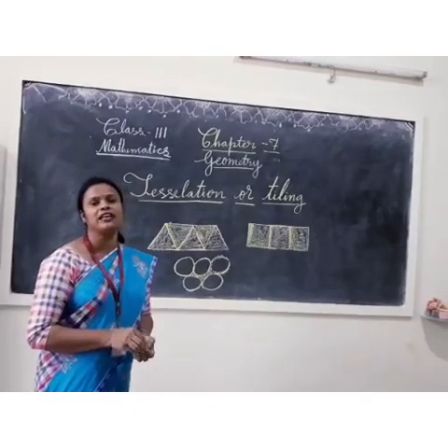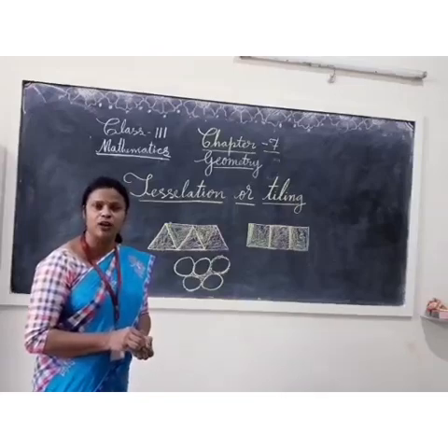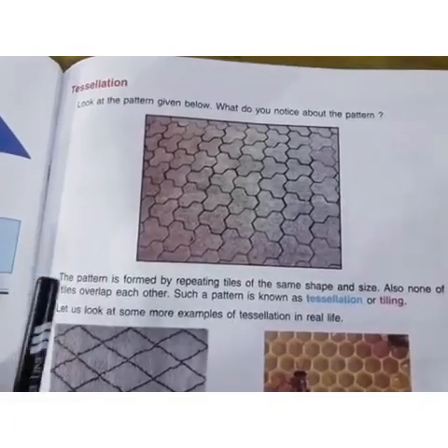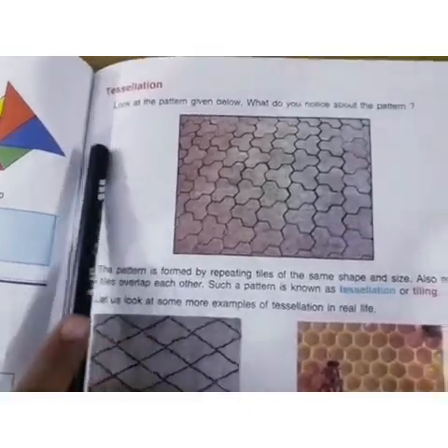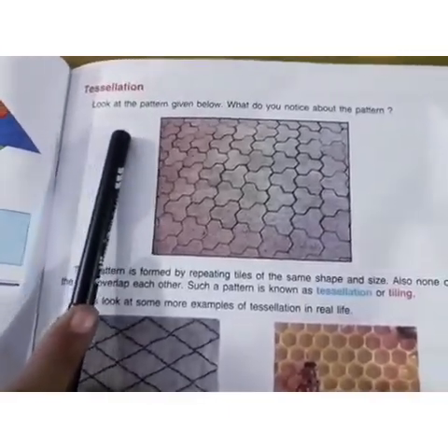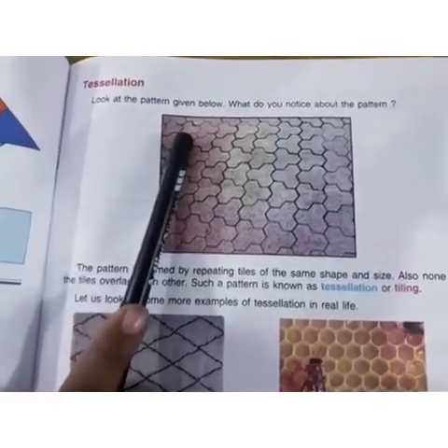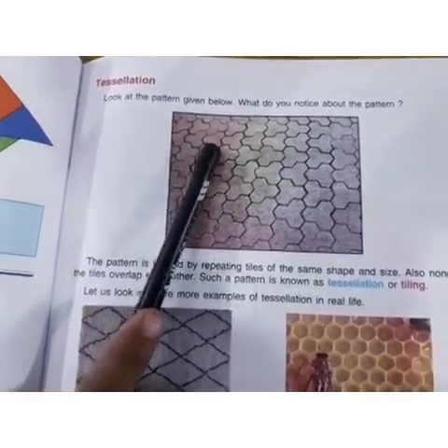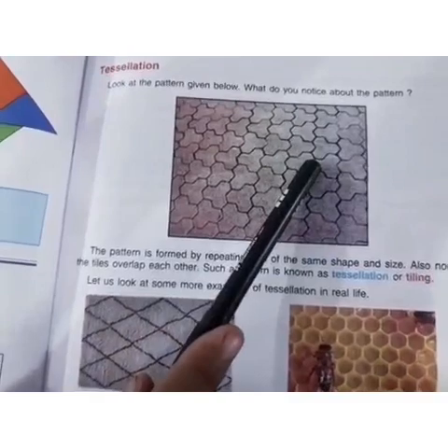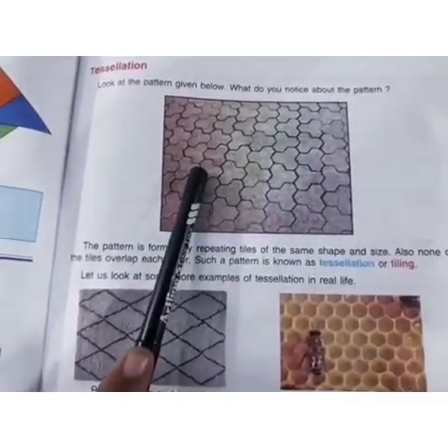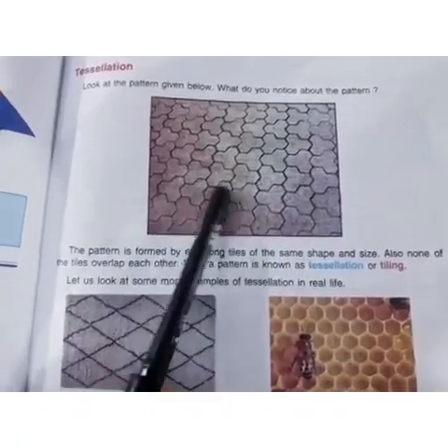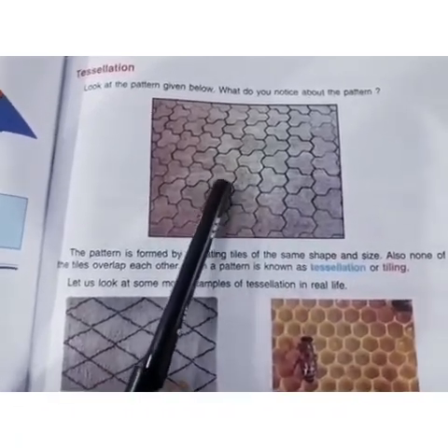Now let us see some more examples from your book. Dear students, now let us read the chapter to understand more about tessellation or tiling. Look at the pattern given below. What do you notice about the pattern? All the tiles are attached to each other.